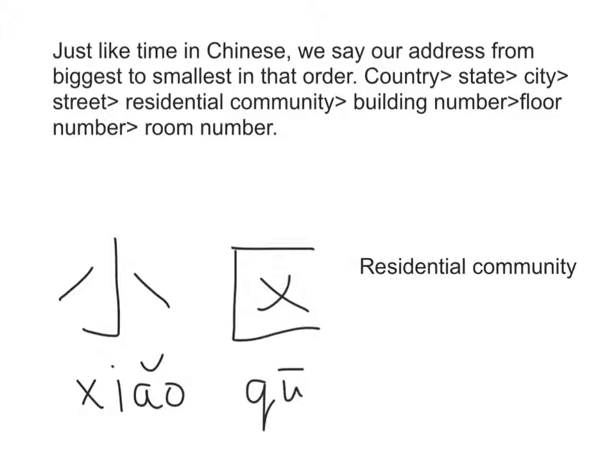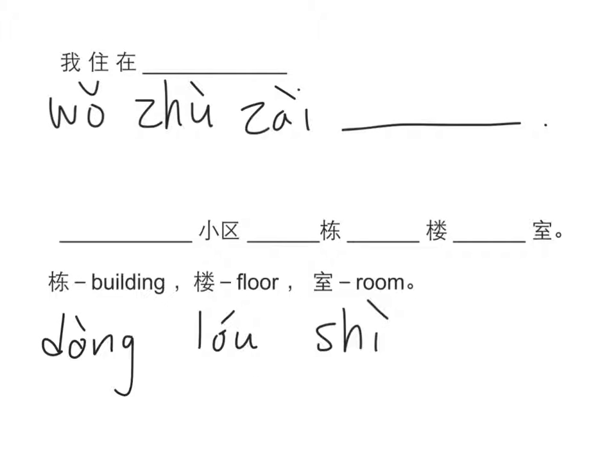Yeah, so now let's imagine we live in a 小区, like the way most Chinese people live in China. Okay, to say that residential address, you'll have to order it from biggest to smallest, just like we do with time. So let's just say the residential address, starting with 小区 as the biggest part of that address. Okay. So to say I live at a place, we already know is 我住在, and then the place where the underline is.